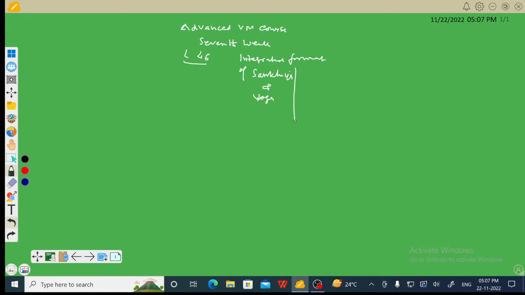Sankhya means numbers, system, and Yoga means sthapatya, geometric formats.